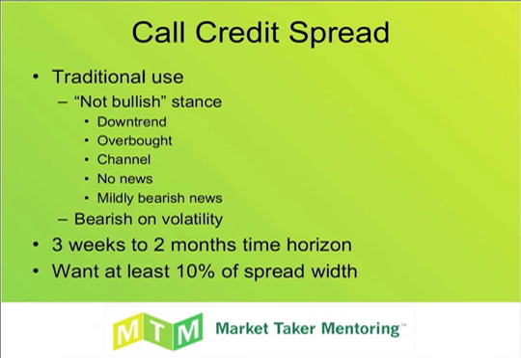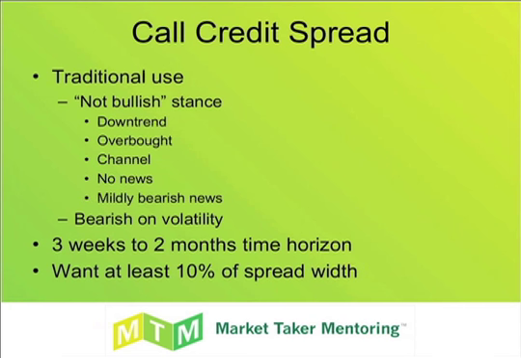You should try and collect at least 10% of the spread width. So, say it's an equity option. The spread width is $5, it's like a 55-60 call spread. Then you want to collect at least 50 cents when you sell this credit spread.